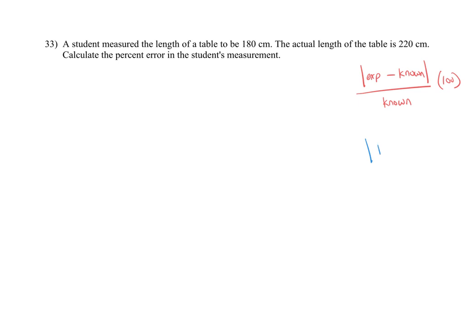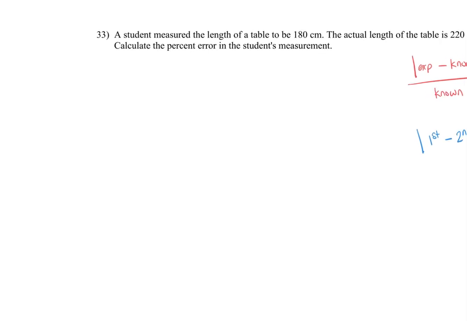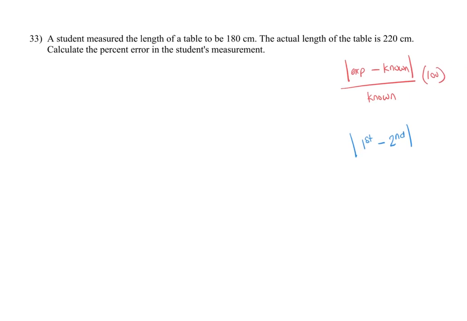So your first trial minus your second trial. That's still your numerator. But your denominator for this one is your average, right? So the denominator for this one is going to be your average of the two. So you would take your first and your second and add them and divide by 2, right? So that is your average.